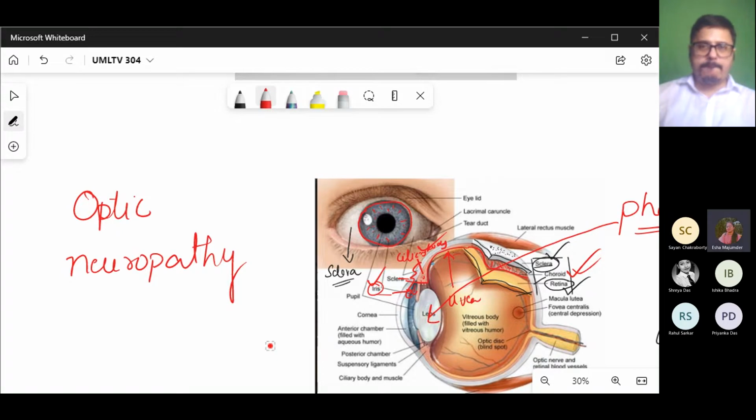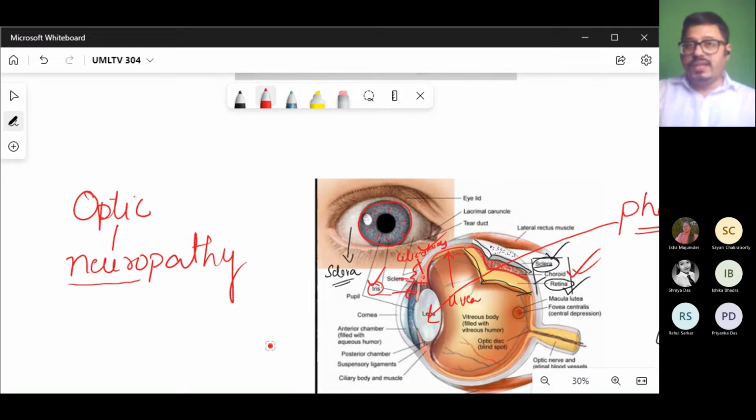The nerves of the eye, something pathological, a disease of the nerves of the eye. Nerves of the eye means what? Sir, it is optic neuropathy. So you have to be very specific, right? Optic means eye, and when I'm speaking of optic neuropathy, then it definitely refers to the optic nerve.